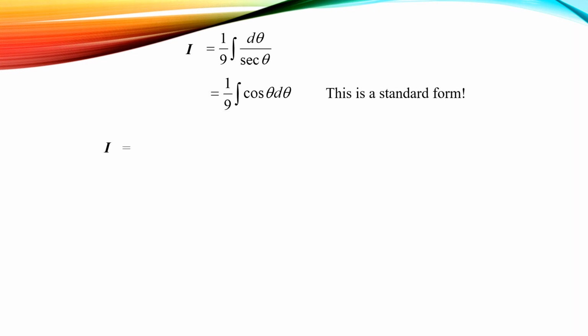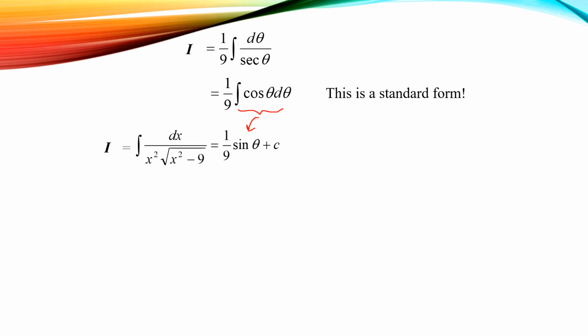And so the solution to integral cosine is positive sine theta plus c. So if we substitute that solution right from the formula sheet in for cosine theta d theta, we end up with 1/9 sine theta plus some unknown constant. So that's the answer. We've now solved the integral.